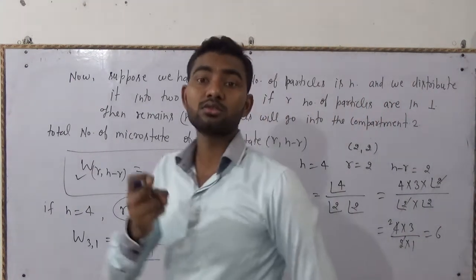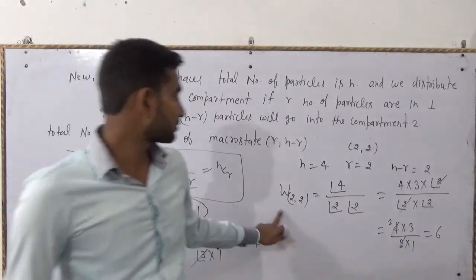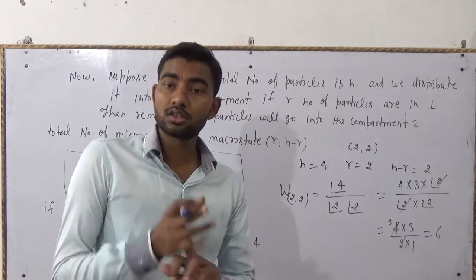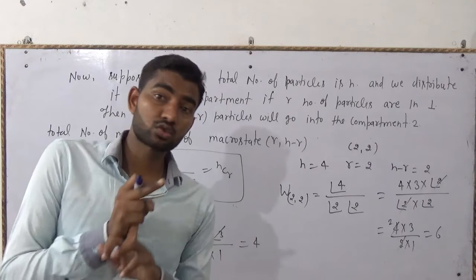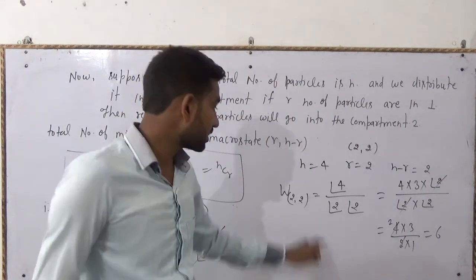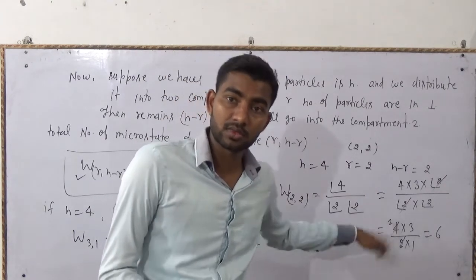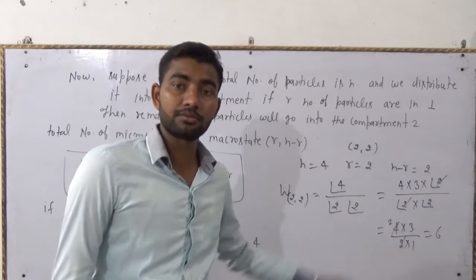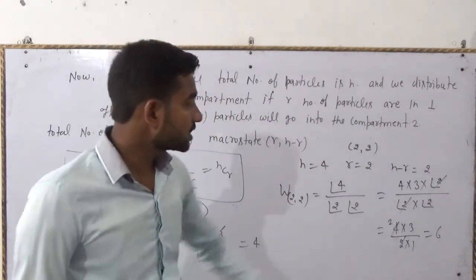So friends, we also proved in my previous lecture that W(2,2), the total number of microstates corresponding to microstate 2,2, is equal to 6. We have proved it in my previous lecture, and today we have proved it with this formula, and we have found the same result.